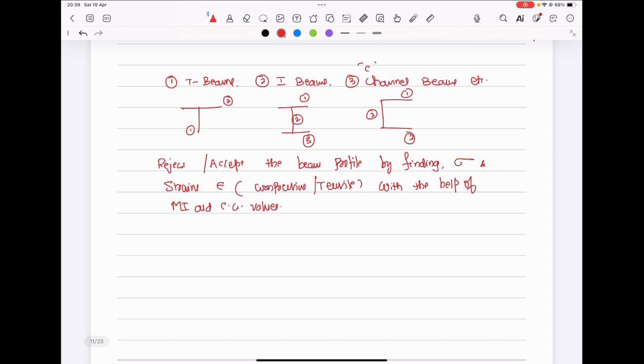I explained for a T-beam with respect to the x-axis at the bottom. Now you calculate with respect to the y-axis as homework.